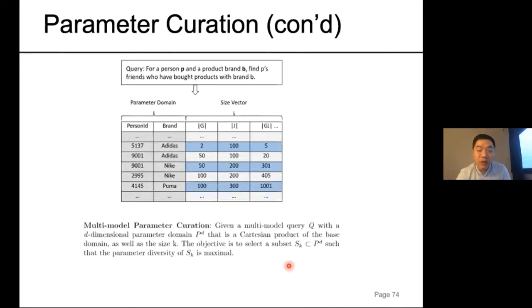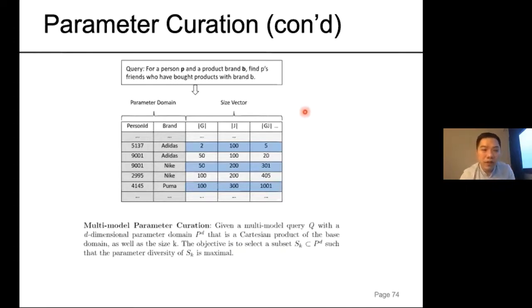And then we define the problem of multimodal parameter curation. Formally, given a multimodal query queue with a d-dimensional parameter domain that is a Cartesian product of the base domain, as well as the size k, the objective is to select a subset of the parameter domain such that the query diversity of the subset is maximum.